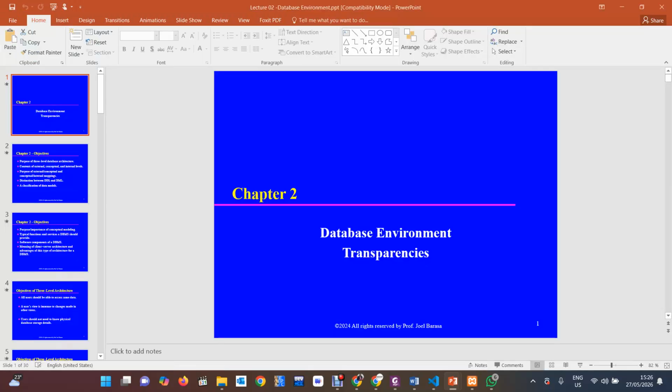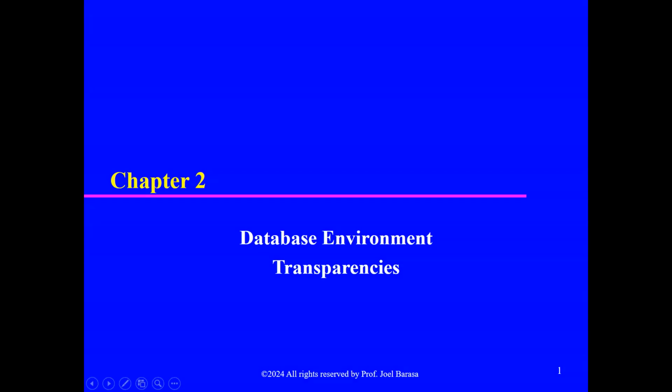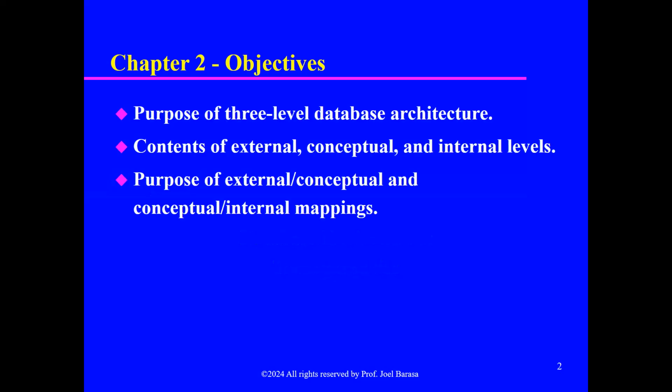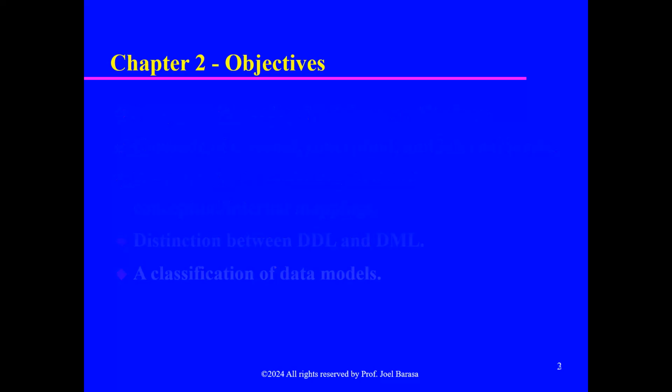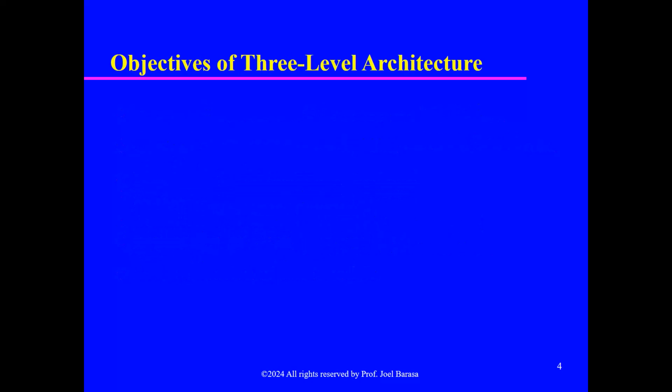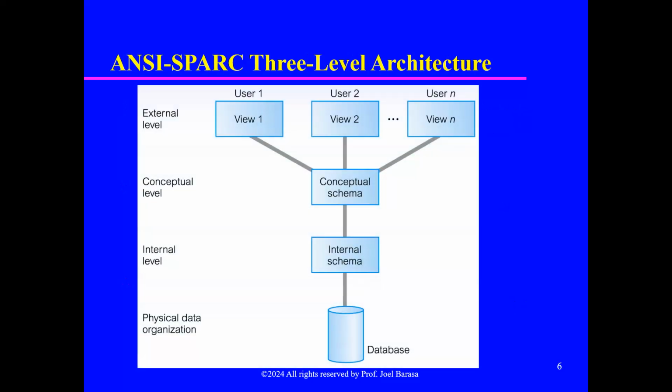So in the last lecture, we looked at the introduction to database. Today, I want us to look at database environment. So you look at the purpose of three-level database architecture, contexts. You also look at the distinction between DDL and DML, classification of data models, and all these other things. So I just want to go very fast.